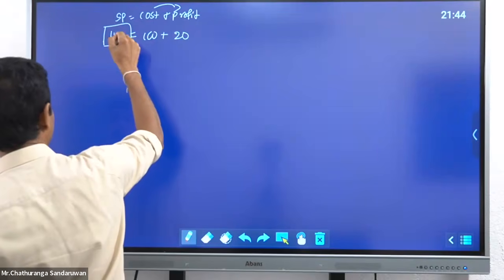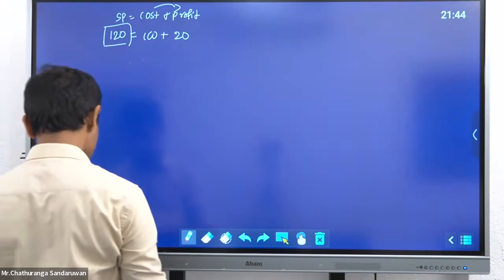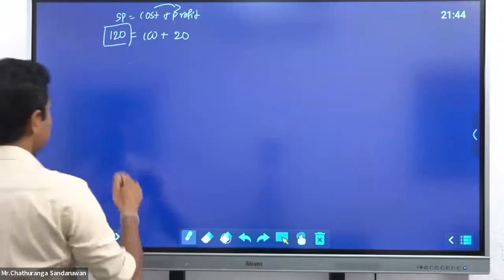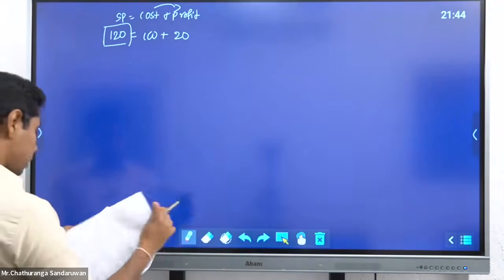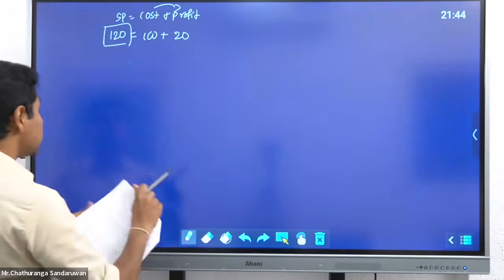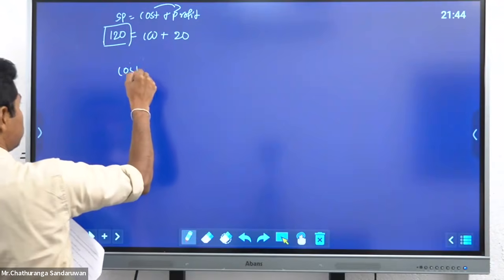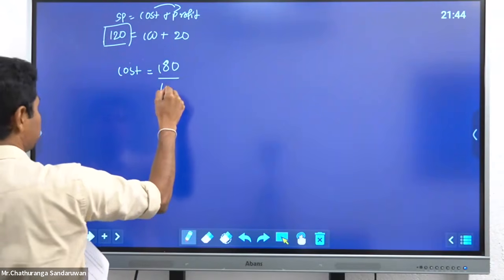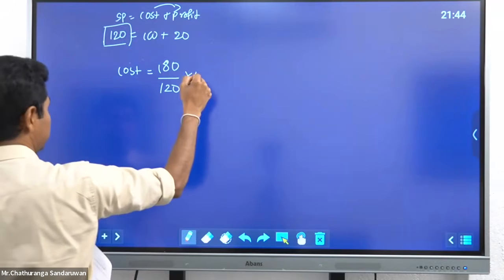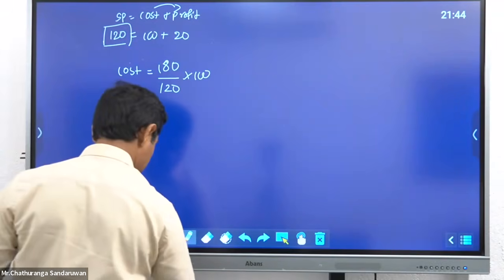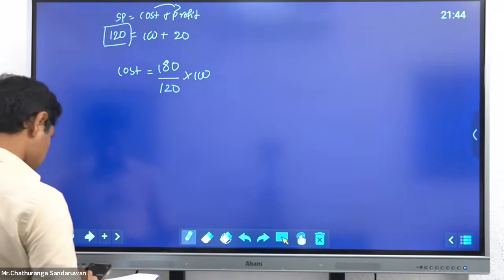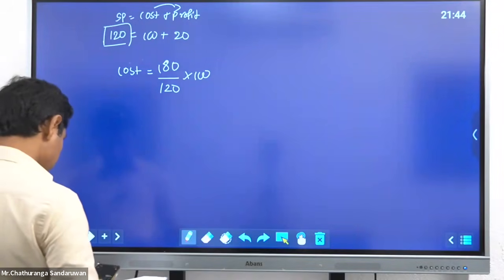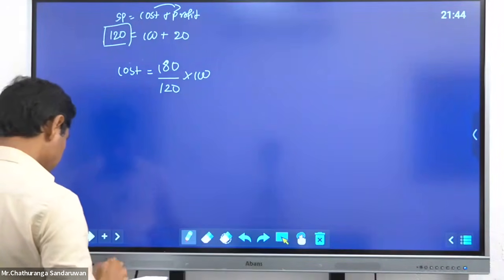Therefore, selling price is 120. Right? Therefore, we can find the cost of that sale, 180. Cost can be found. Sales value is 180. That is equal to this 120 multiplied by 100. 180 divided by 120 multiplied by 100, it is 150, right?